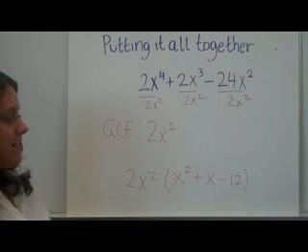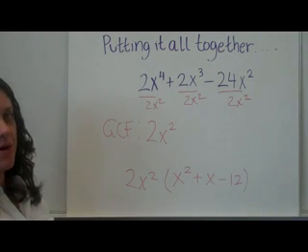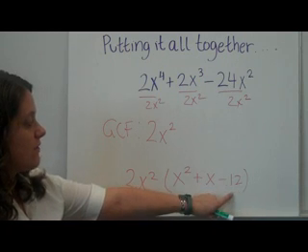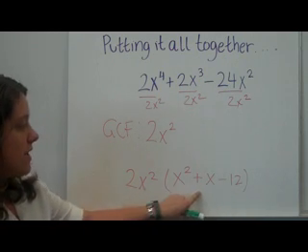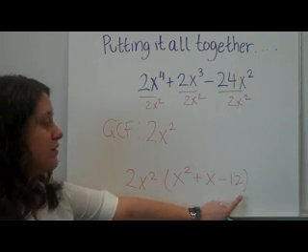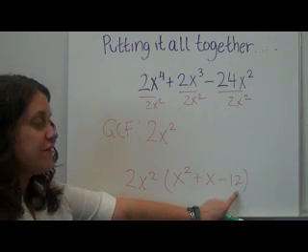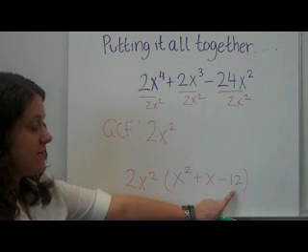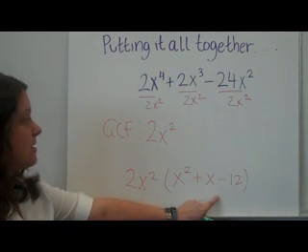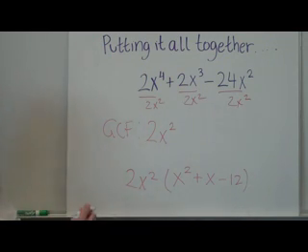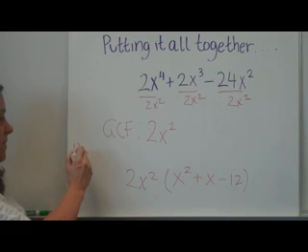Okay, so now we're going to see if this can be factored. So if you remember, in order to factor this part, what we have to do, which you learned in the last video, is that I need to find factors of 12. Okay, so I need to find factors of negative 12 that add up to make x. So let's put over here some factors of 12.